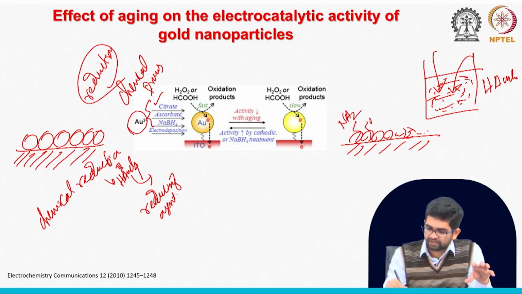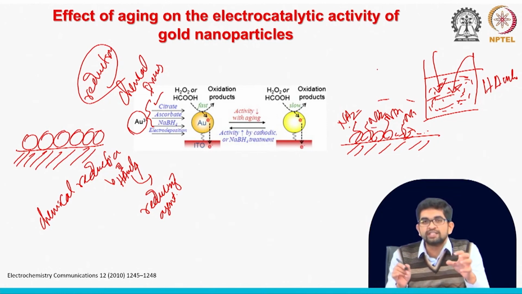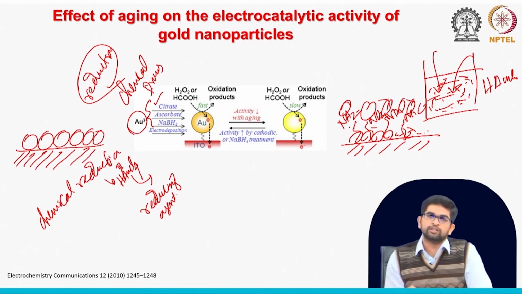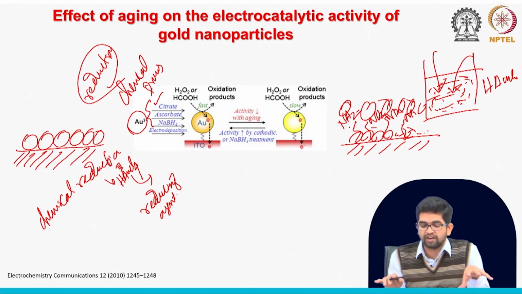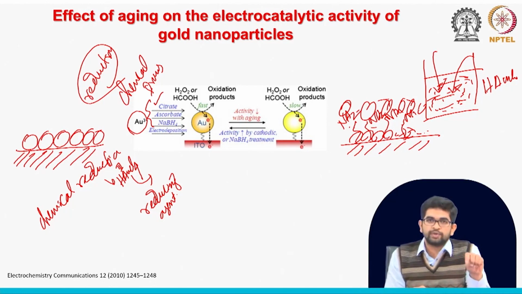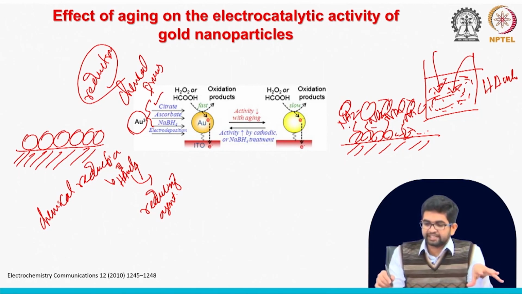If you drop this gold nanoparticle solution on this surface, then amine and gold have some interaction, and the gold nanoparticles can easily be attached to your electrode surface. So you will get a gold nanoparticle modified electrode surface that you can use for biosensing applications. Clear? So this is the chemical method.